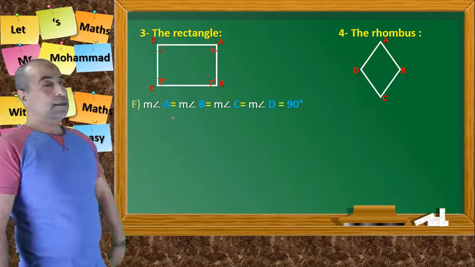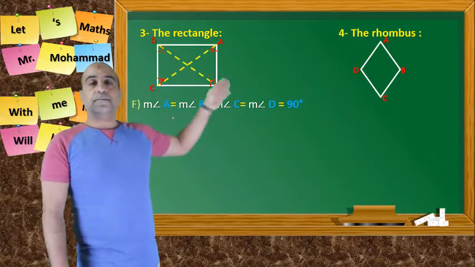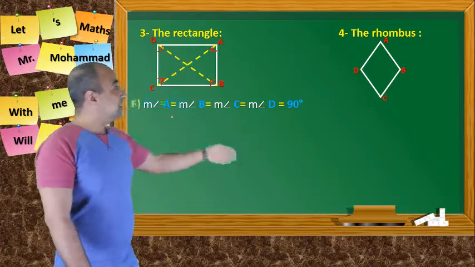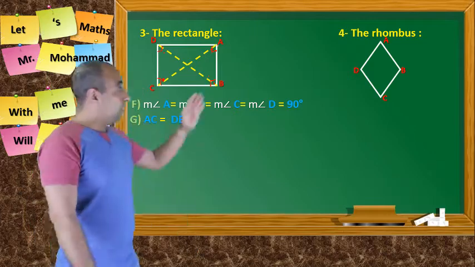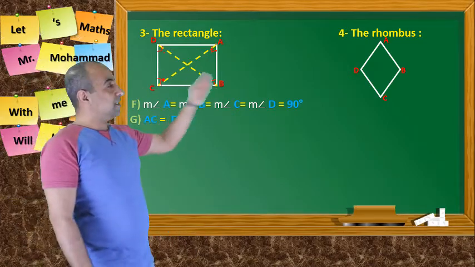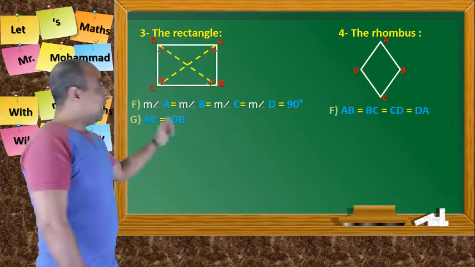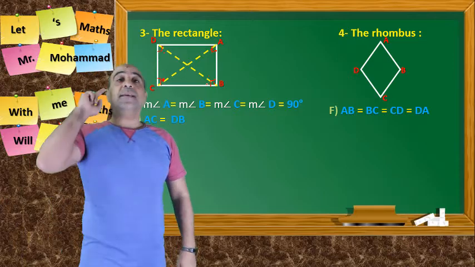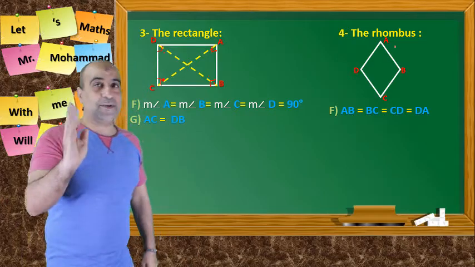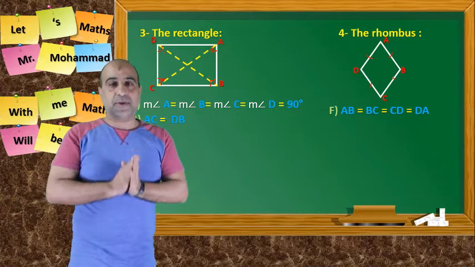AC is equal to BD. And the rhombus has some extra properties, which is that all the sides are equal in length. That is AB equals BC equals CD equals DA. And also the two diagonals are perpendicular, not equal in length but perpendicular, which is orthogonal.